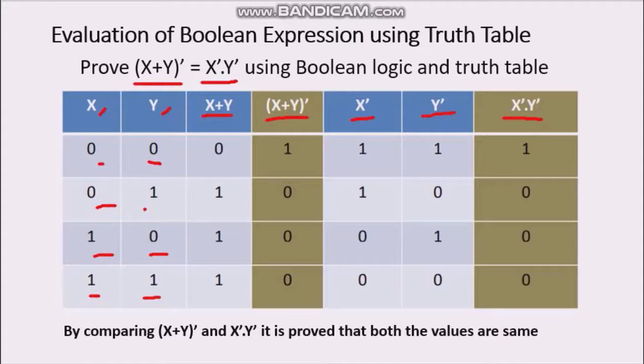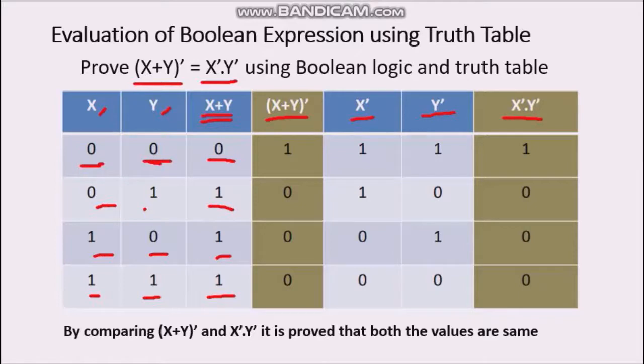Now you calculate x plus y depending on the values of x and y. So value of x is 0, y is 0, you will get x plus y as 0, right? Similarly, you can find out values in the other rows also. Now there is x plus y whole bar, right?